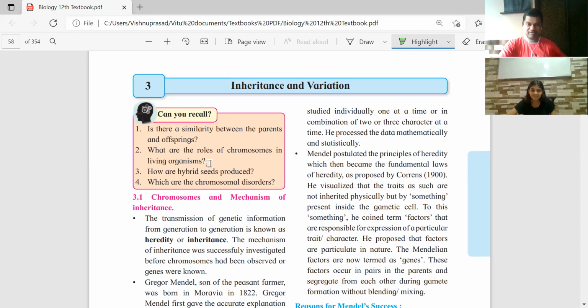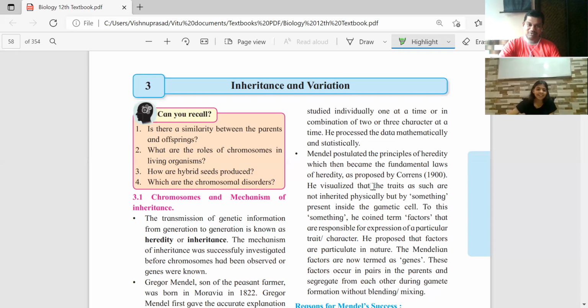So first thing, when you are talking about inheritance and variations, the simplest or general meaning of the word inheritance is heredity. You know that? In 9th standard as well as in 10th standard, you had two separate lessons like this. In 9th you had a lesson called heredity and variation, and in 10th you had heredity and evolution.